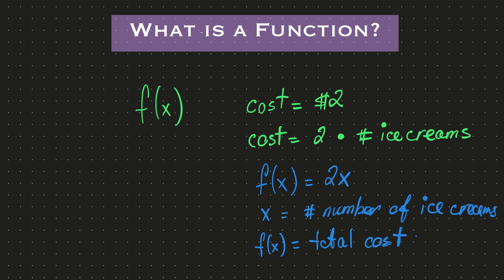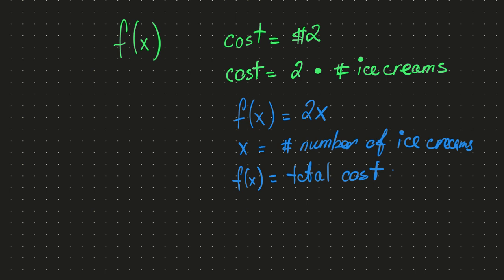So if you use this equation, you will be able to find the cost for any number of ice creams because we have a specific rule, and that's what makes it a function. And so if x is 3, then we will write f of 3 equals 2 times 3, which will equal 6.